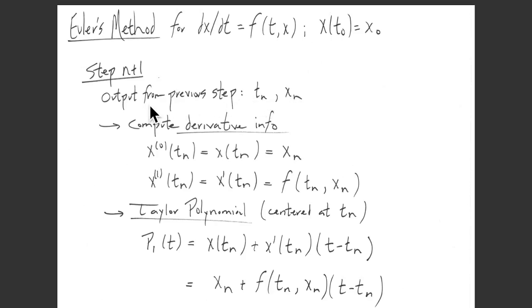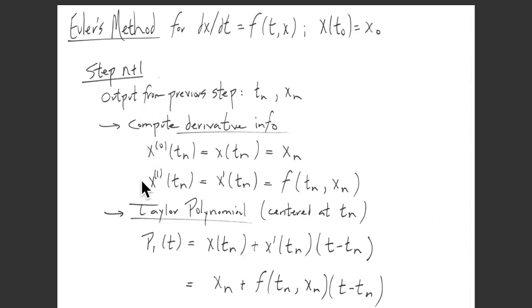So how do you do that? Well, the first thing you do is compute the derivative information you need for that first degree Taylor polynomial, and that's the 0th derivative evaluated at t sub n. Remember, tn is coming from your previous step. Well, that's just x of tn, and that's given by xn, the xn value from your previous step. So that's the 0th derivative.